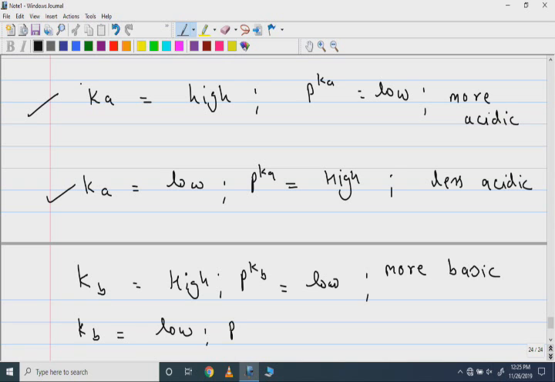If Kb is low, pKb would be high, which means less basic. Copied? Okay.